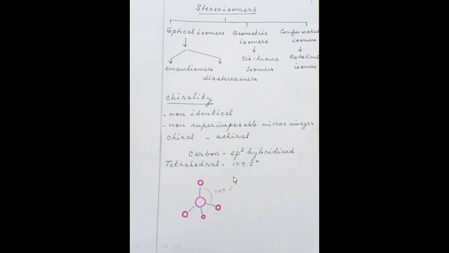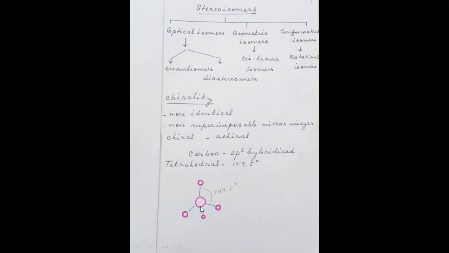If you get a chiral carbon and another molecule which is similar to the mirror image of this molecule, then the molecule and its mirror image cannot be superimposed. It is called chirality. Non-superimposable mirror images. You can twist, you can rotate the molecule in any way.